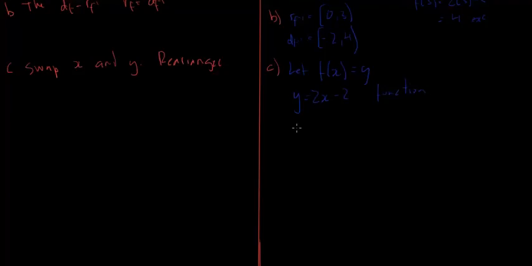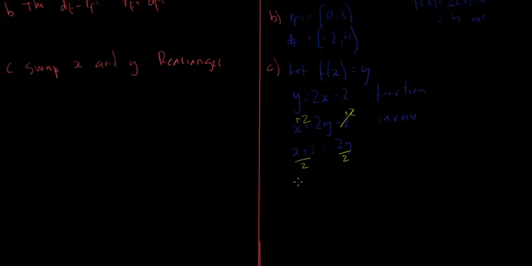The inverse is then going to be that swapped. So the inverse will be x is equal to 2y take away 2. That's the inverse. So we've now got an equation for the inverse, but we need to have y at the front because that's what we're used to. So we're going to add 2 to both sides, which means we're left with x plus 2 is equal to 2y, and then we'll divide both sides by 2.